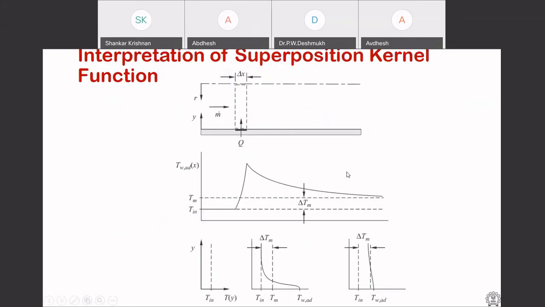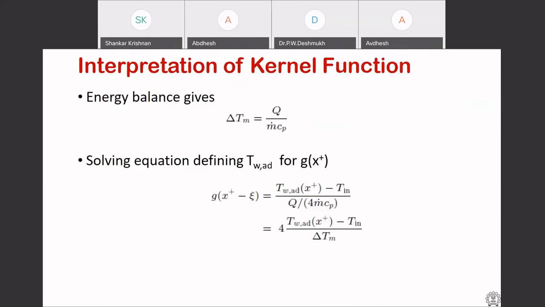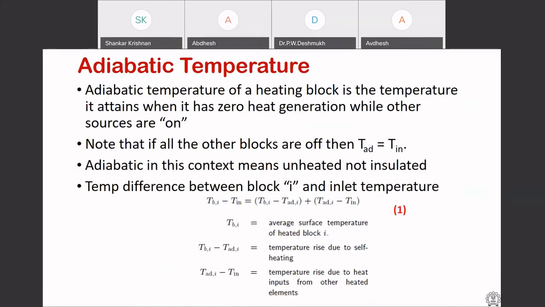One can use that and describe adiabatic wall temperature based balances for when you have multiple heat sources and write it in generic form. I will upload that journal paper as well along with these notes, if you are interested in reading it. Adiabatic temperature I've already discussed.